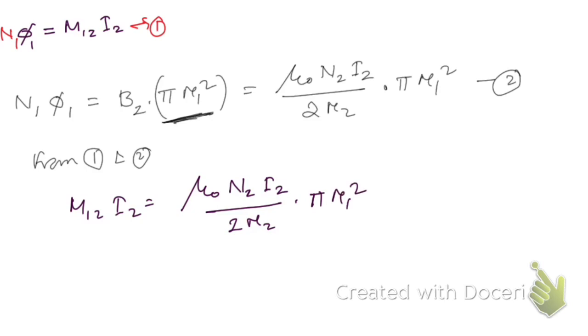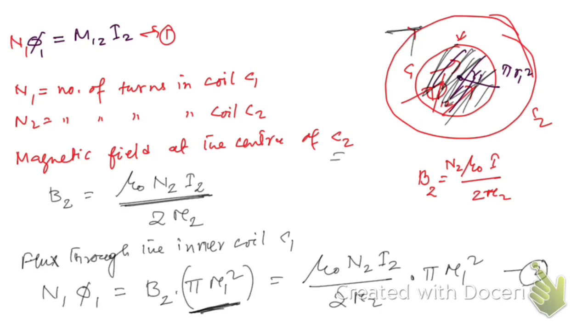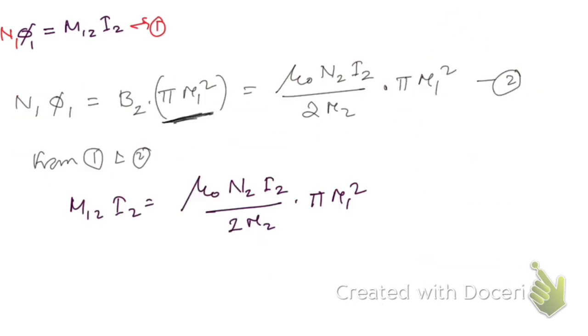Let me add one more thing. As the inner coil has N1 number of turns, we need to multiply by N1 also here. Okay, I forgot to multiply that. Here we should have N1. If we get N1 there, then the final expression will be like this.